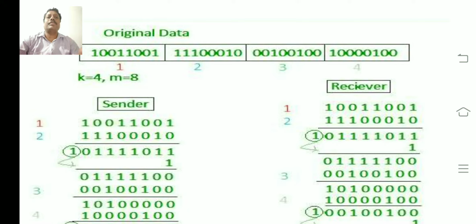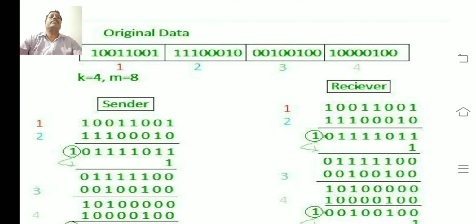This carry has to be added at the LSB bit. So 1 plus 1 sum 0 carry 1, 1 plus 1 sum 0 carry 1, and so on until we get the result.